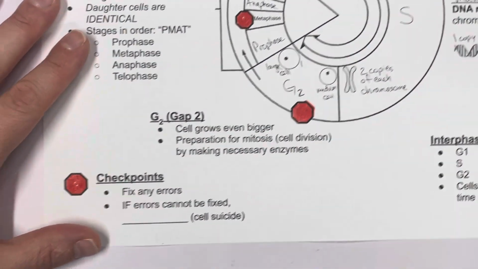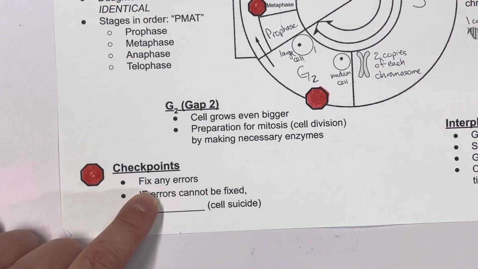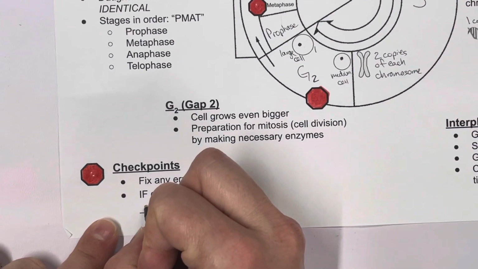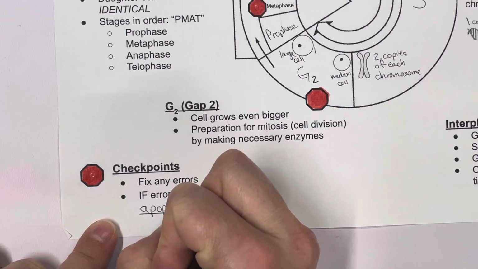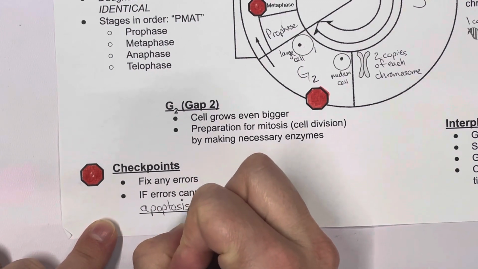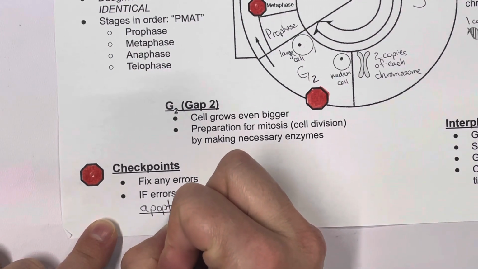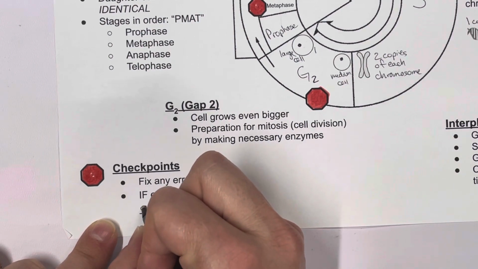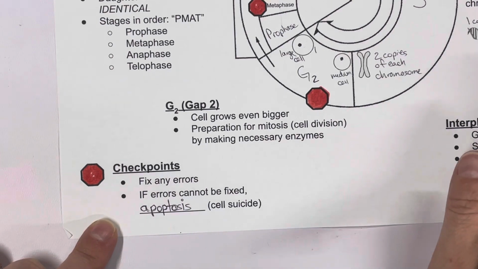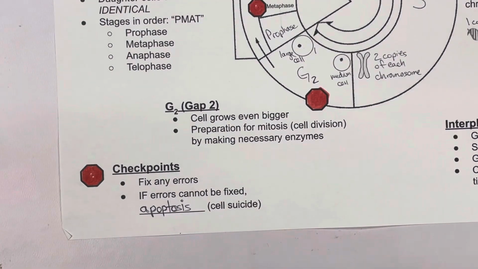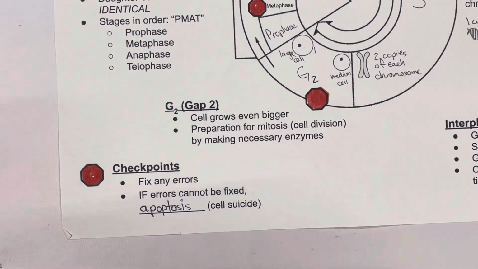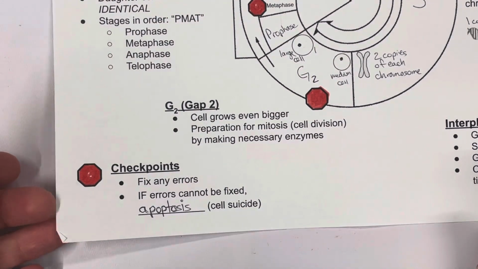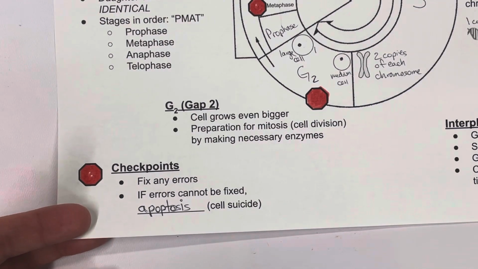If there is an error, those errors get fixed. If the error cannot be fixed, the cell will do what's called apoptosis, which is cell suicide. The cell will kill itself because it can't fix the problem, so that it doesn't become a cancerous, problematic cell. Those checkpoints make sure that the cell is doing the processes it's supposed to do.